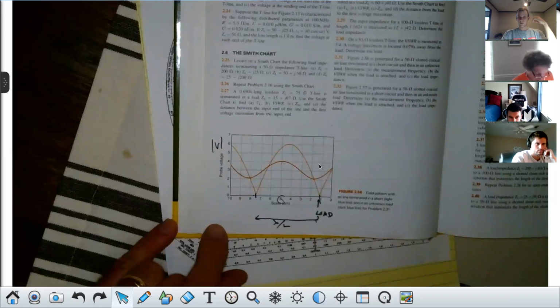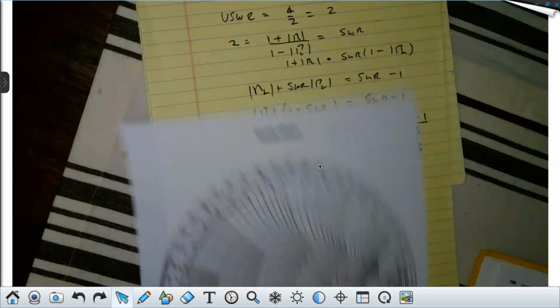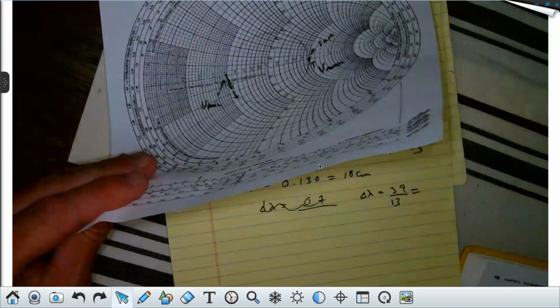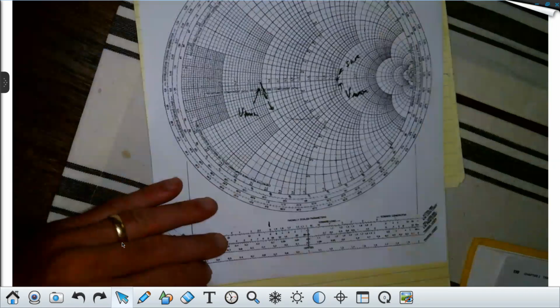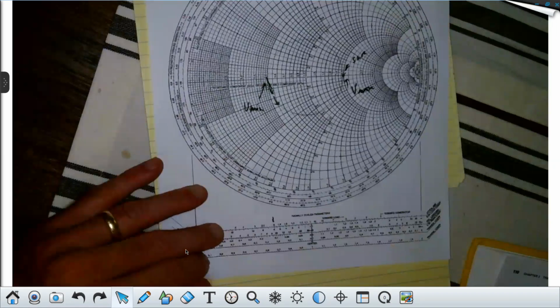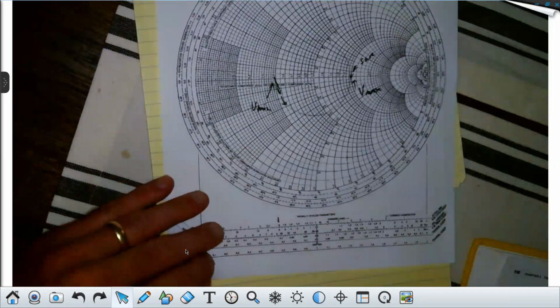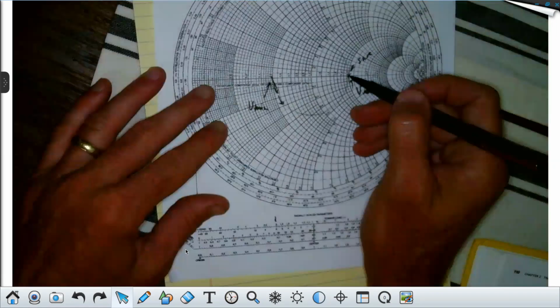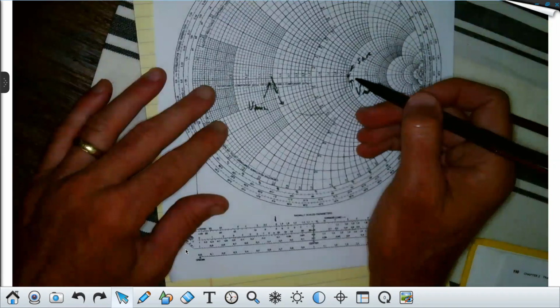We're going to go a total distance of 0.3 lambda, correct? So follow me on this. Here we are. But now we're not moving towards the actual generator. We're moving from a point to the actual load, right?